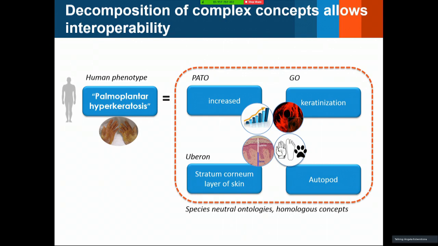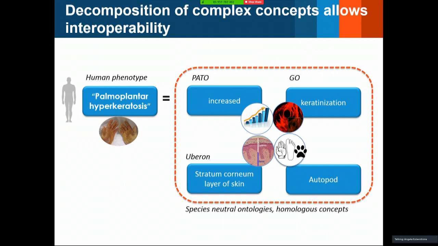So over here we have an ontology, a vocabulary of qualities like increased. We have the Gene Ontology, which describes biological functions in a species-neutral way. Here, keratinization. We have the Uberon anatomy ontology that describes mostly vertebrate anatomy, but it's a cross-species ontology that can be subsetted for individual species.